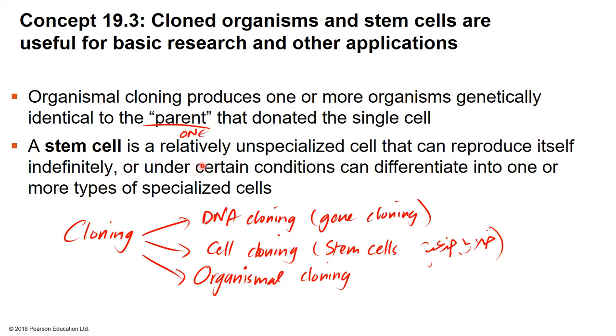So stem cells are unspecialized cells that can reproduce themselves indefinitely, which means they have the capacity to always divide to replenish themselves, and they can also differentiate into more than one type of specialized cells. Okay?